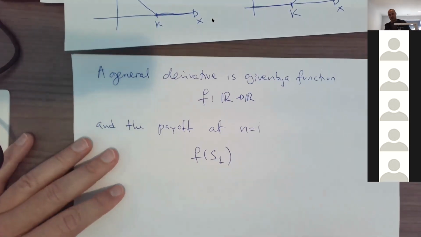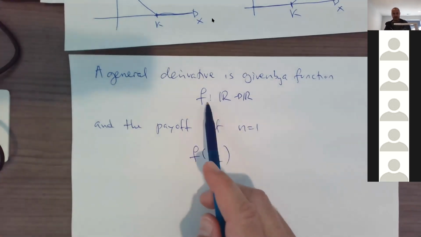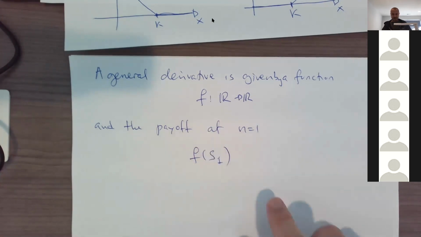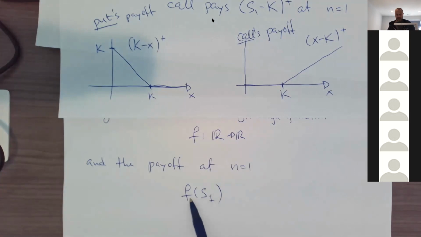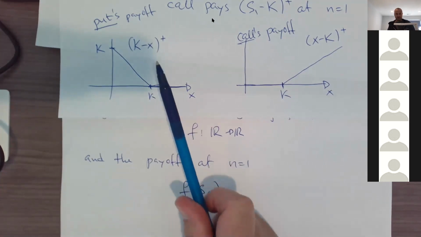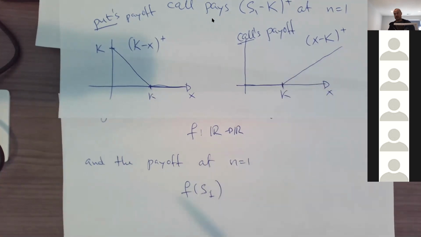So when one speaks of a derivative, what you're talking about is this function. And it's those functions that we have seen a couple of examples of here. This function f could be this hockey stick, or this hockey stick here, or it could be something else. Whatever function you choose is going to be defining your derivative.